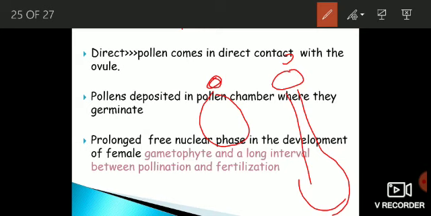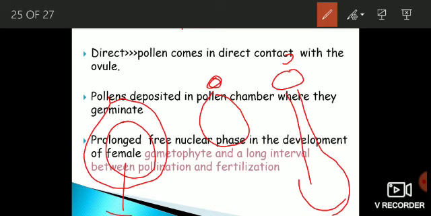One important feature that you will remember about gymnosperms is there is a prolonged free nuclear phase in the development of female gametophyte and a long interval between pollination and fertilization. Say this is an ovule of gymnosperms, and inside this ovule you have a female gametophyte, and outside is the nucellus, which is the diploid tissue, and the inner layer is the haploid tissue, because this has formed from the megaspore, which is haploid.